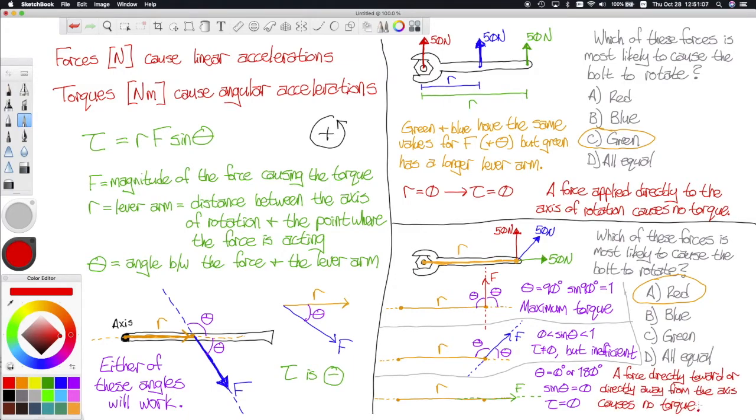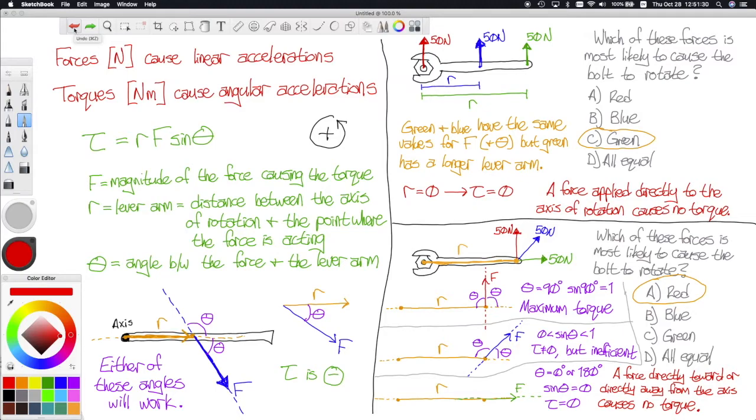So this would be like coming to our door over here and pushing directly along the axis of the door straight towards the axis, or pulling directly this way, straight away from the axis. Those forces exist, but they aren't going to cause the door to rotate, so they exert no torque on the door.